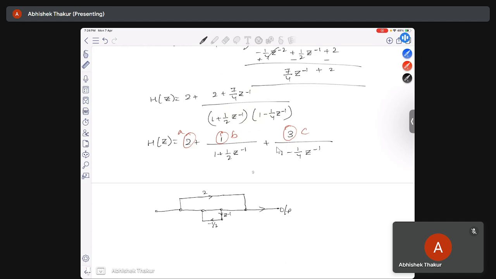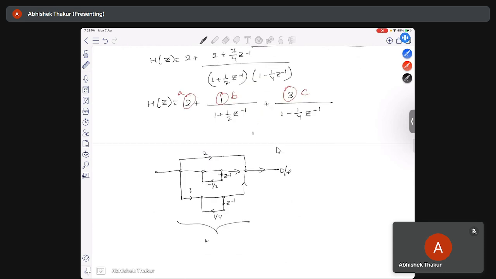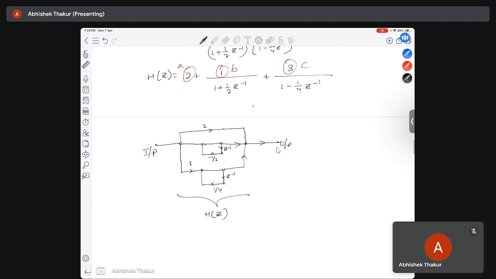And the third one is 3, and again it will be here z inverse, and this will be 1 by 4. So this is complete H(z), and this is our input, and right hand side is the output.